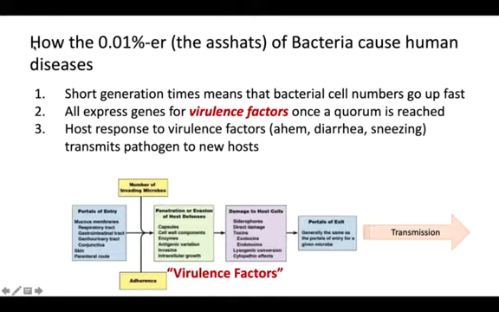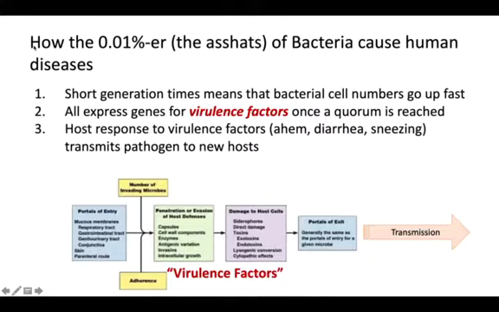So anyhow, once entry has been established, and penetration or evasion from the host defenses has happened, then we get into the damage to the host cells. We've got several things listed here that damage the host cells, because remember in the earlier video, what makes a pathogen a pathogen is that it causes damage to the host.